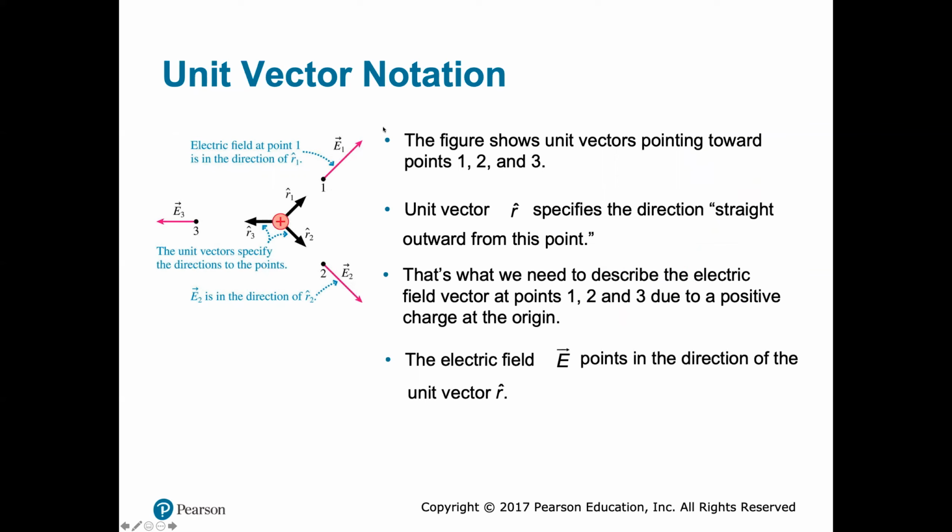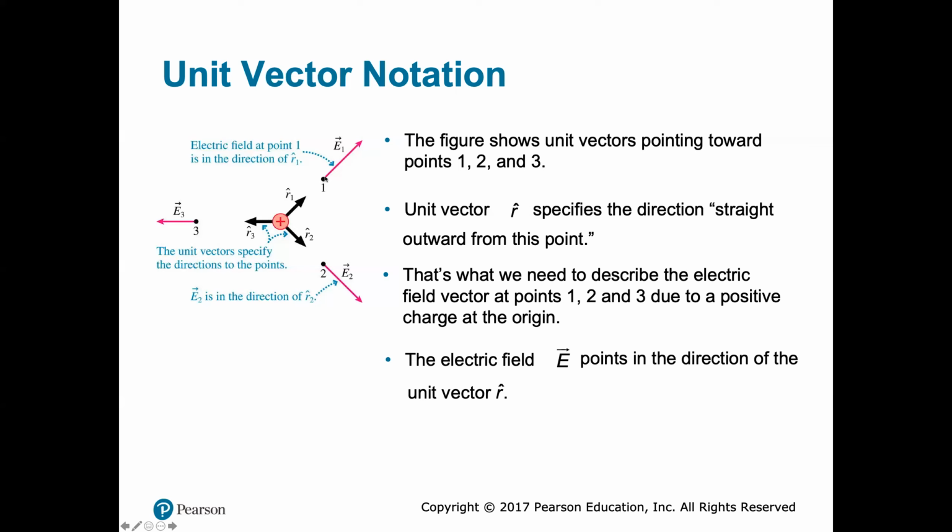The arrows are bigger when the electric field is stronger. Here we can also define the direction of a vector simply by using r hat. This is called a unit vector. The unit vector r hat specifies the direction of a vector.